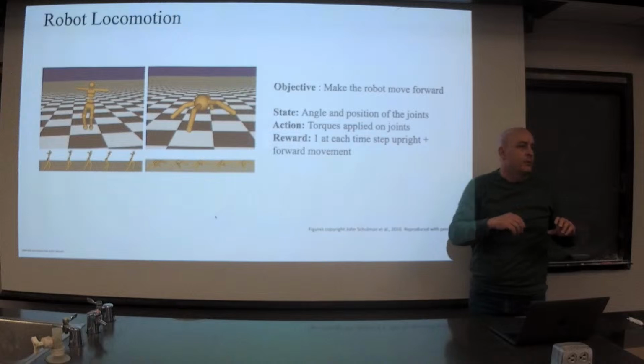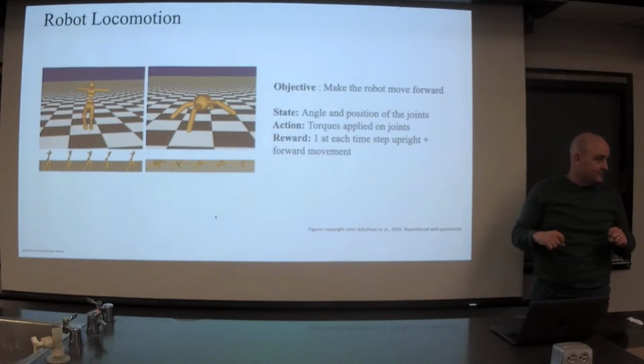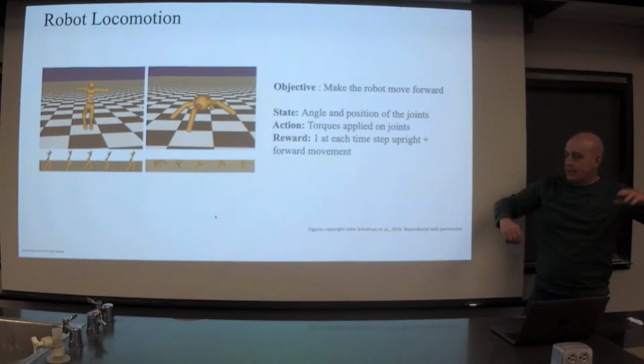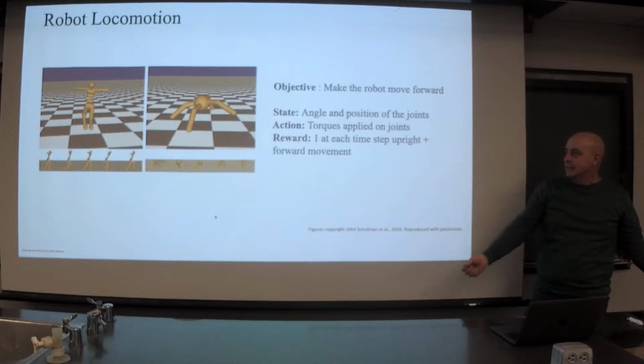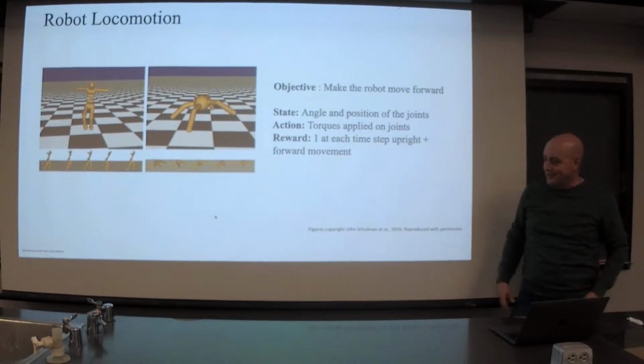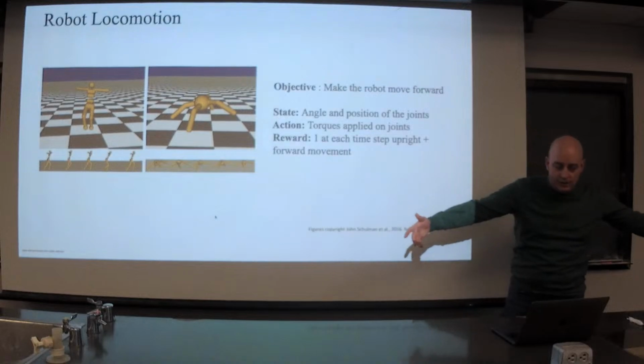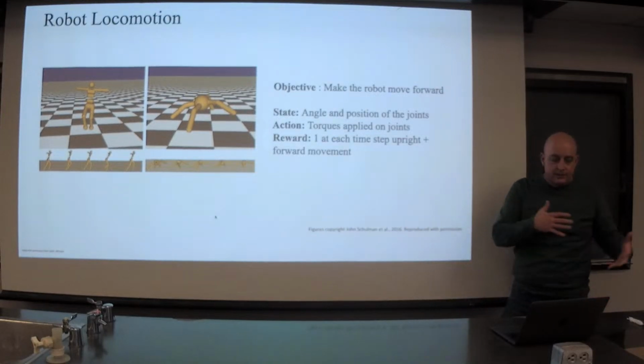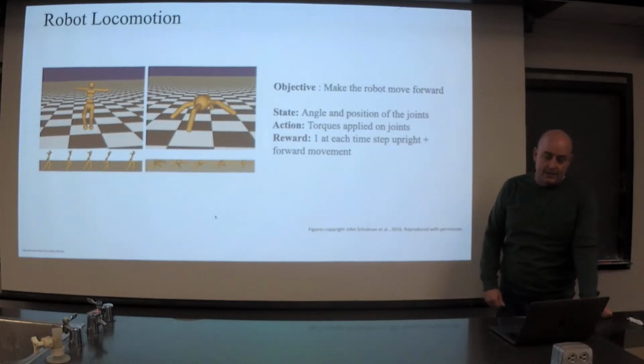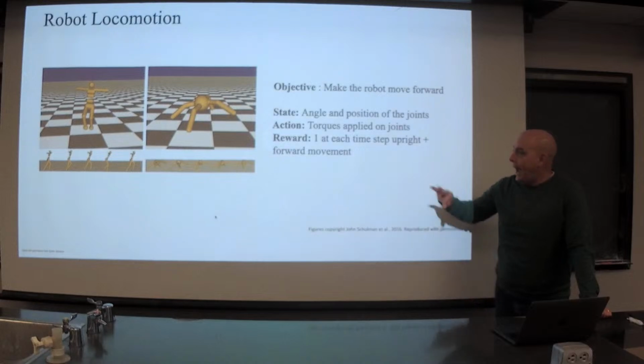What angle is it making with some reference frame? The arms, whether or not there's elbows and things like that, the legs, also bending at the torso, rotation like that. What actions can we take?